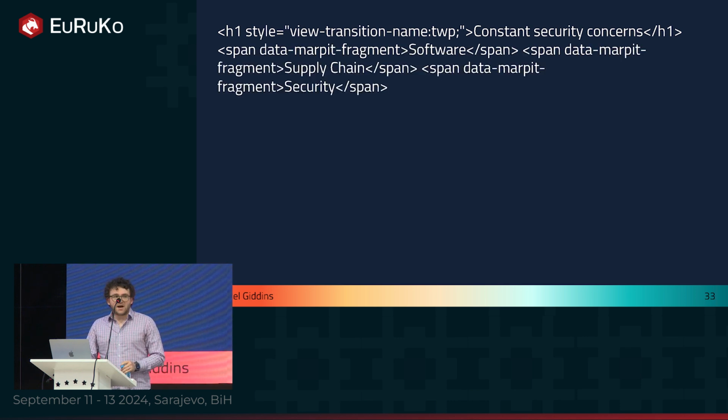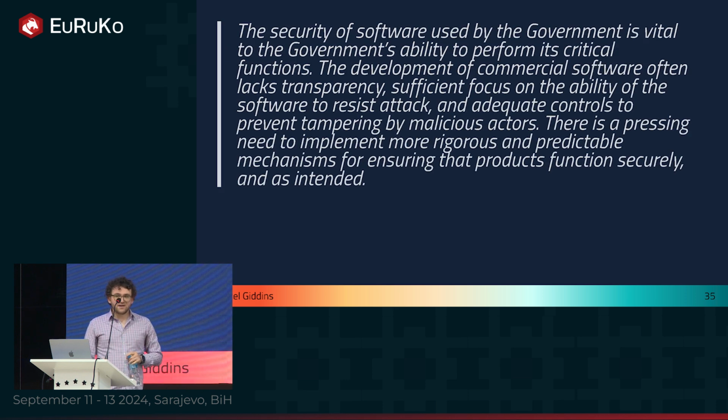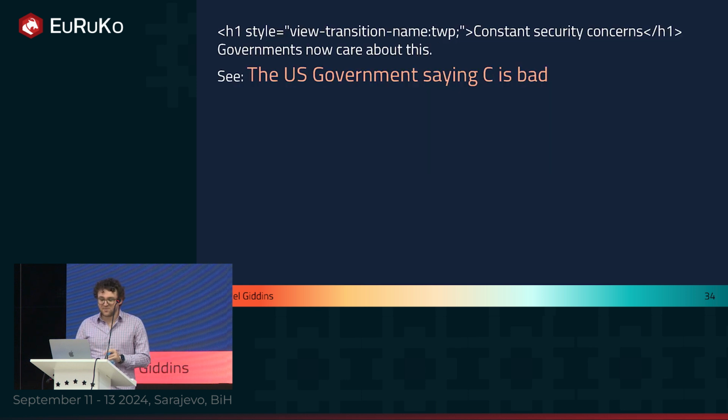And being a package manager, that means it falls under the aegis of, I'm sorry for the buzzwords, but this pays for my work: software supply chain security. And this is something that governments are now caring about. See, for example, the US government putting out a paper that says C is bad.